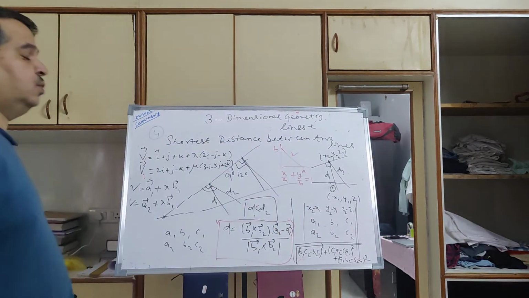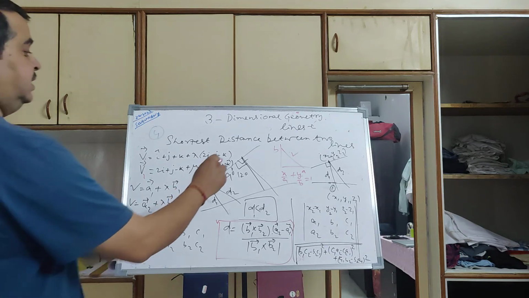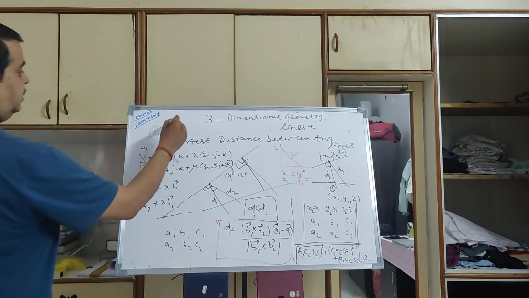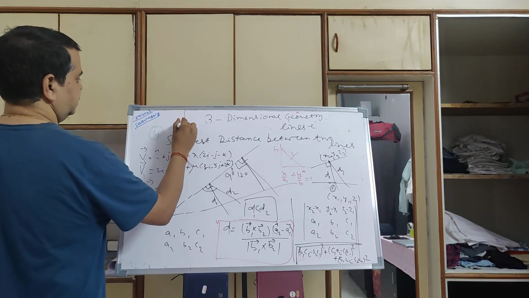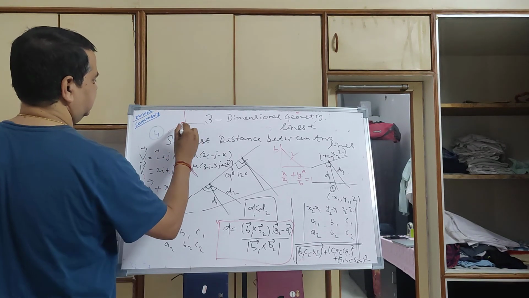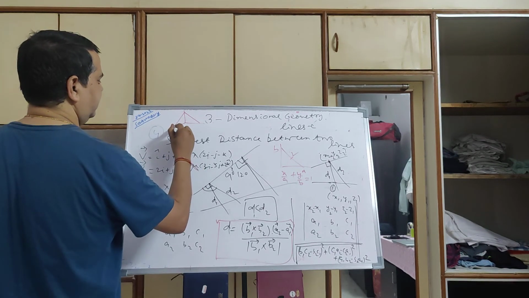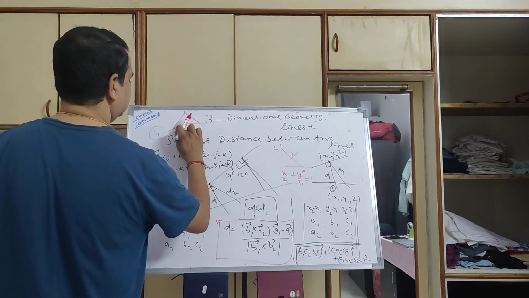Now we want to write equation of a plane in intercept form in 3D. So it will be a 3D plane, something like this. You want to write the equation of a plane passing through these 3 points.